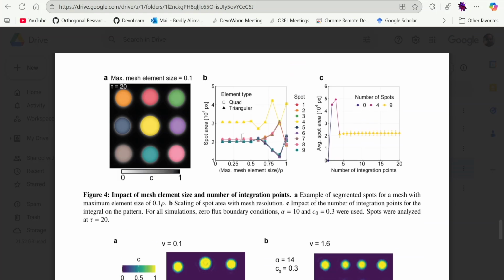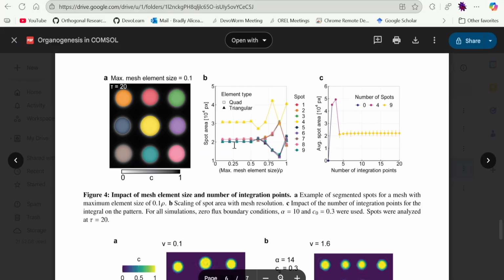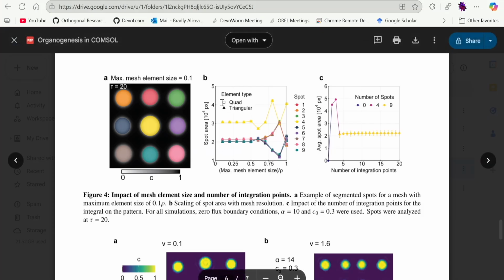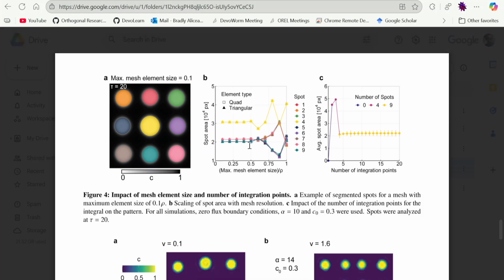Figure 4 is the impact of mesh element size and number of integration points. So that's here. This is where we have segmented spots for a mesh with maximum element size of 0.1 p. B is the scaling of spot area with mesh resolution, where we have these different element types: quad types and triangular types, with the max mesh element size divided by p, and the spot area on the y-axis. So the spot area goes up and then down, so it fluctuates as the mesh element size increases.